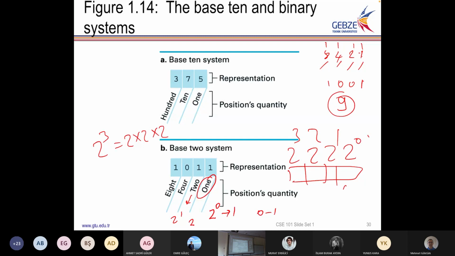Because there is 8, there is 1. So that's why I said 2 to the 0, 2 to the 1, 2 to the 2, 2 to the 3. Any questions?